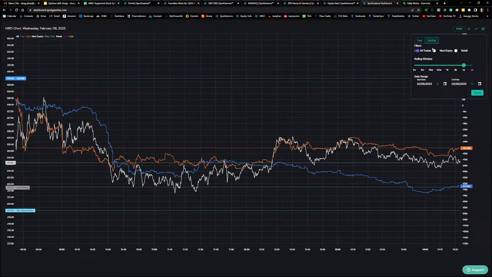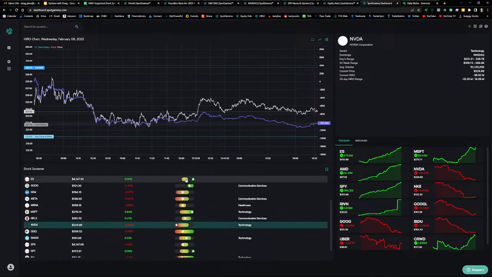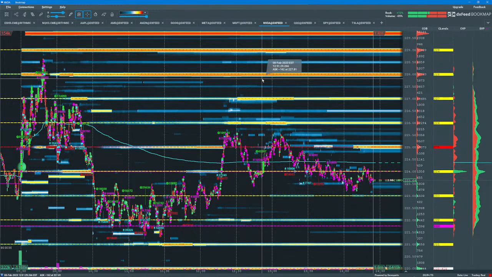Traders were selling calls and buying puts. Let's take a look at Bookmap. There's NVIDIA. Pretty choppy price action like it has been recently. I think there were a lot better setups today, kind of difficult to trade.